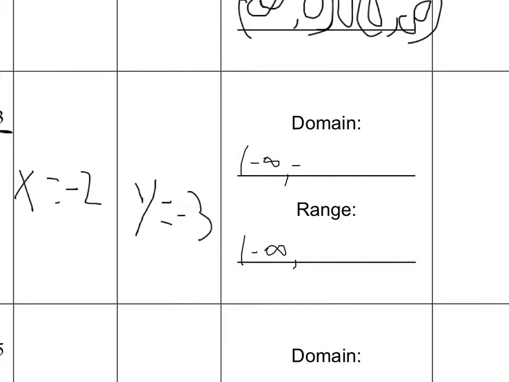So put negative infinity to negative 2, union negative 2, comma infinity. Next, you will do your range. Always start at negative infinity. Look at your horizontal asymptote, which is negative 3. Negative infinity to negative 3, union negative 3, infinity.